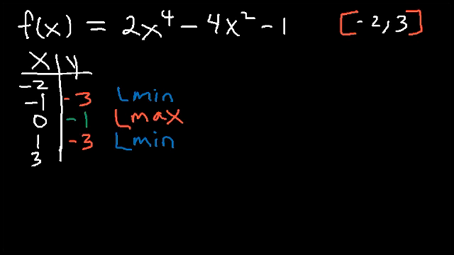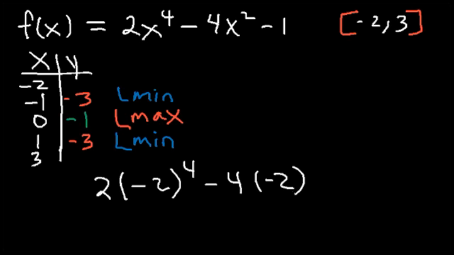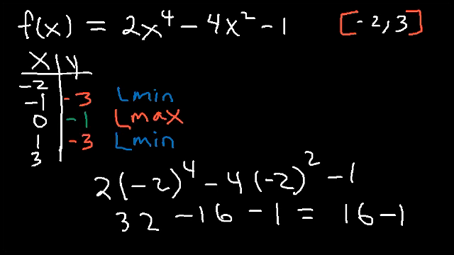Now let's plug in -2. Negative 2 to the fourth power, that's 16, times 2, that's 32. 2 squared is 4, times negative 4, that's negative 16. 32 minus 16 is 16, minus 1, that's going to be 15 overall.